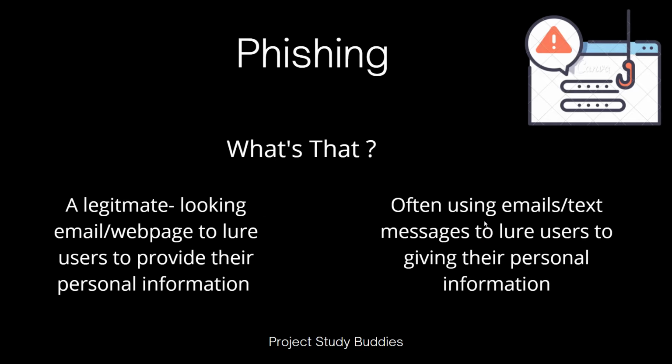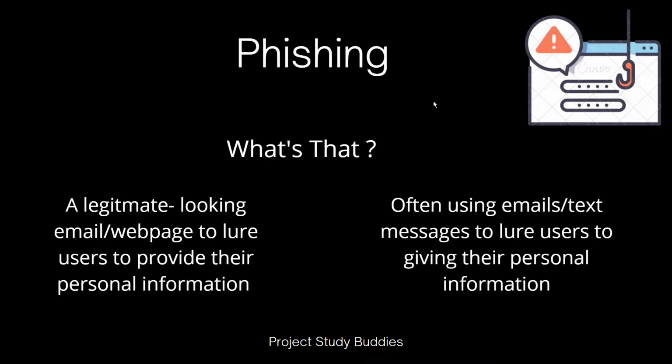Right, next up we have phishing. Phishing is where a hacker creates a legitimate-looking email or web page, normally using large banks or large companies, to lure users into providing personal information like bank details or personal IC number and so on.